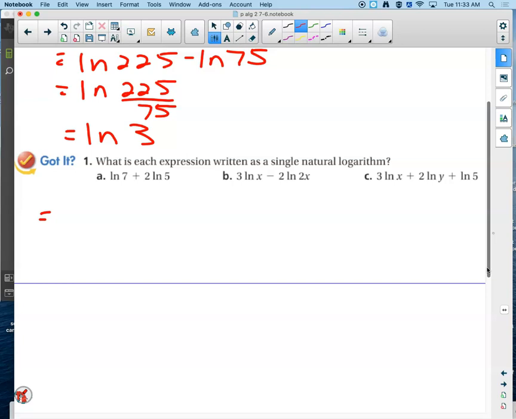1a, what is each expression written as a single natural logarithm? Do we have a power to put back up? Anybody know what 5 squared is? What's addition in logarithm language?